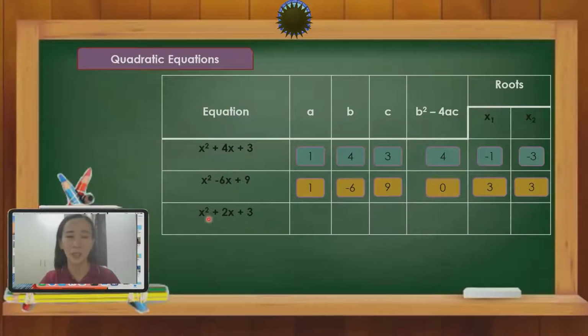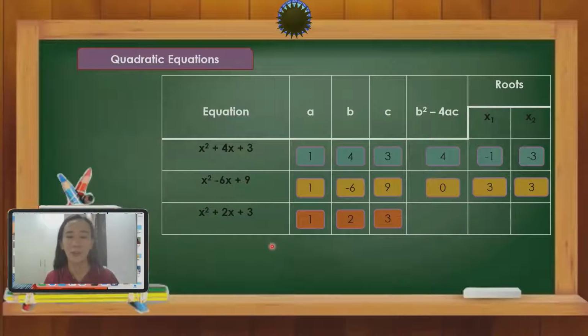How about this one? The equation is x squared plus 2x plus 3. What are the values of a, b, and c for this equation? Great job, Guadans! A is equal to 1, b is equal to 2, and c is equal to 3. How about b squared minus 4ac?